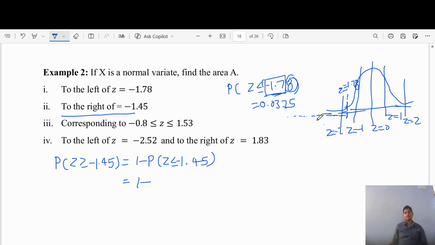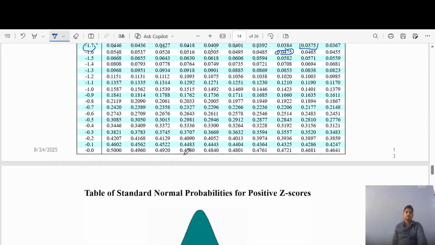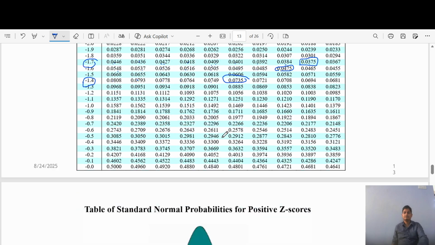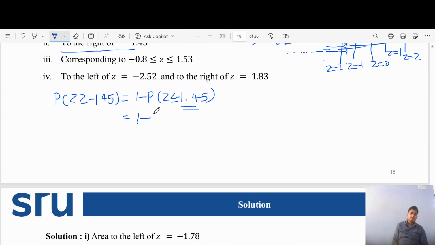So if we subtract this area, then we are done. So Z less than minus 1.4, so we look up minus 1.4 on the table and minus 1.45: 0, 1, 2, 3, 4, 5. So 0.0735. If you evaluate, then you are done.